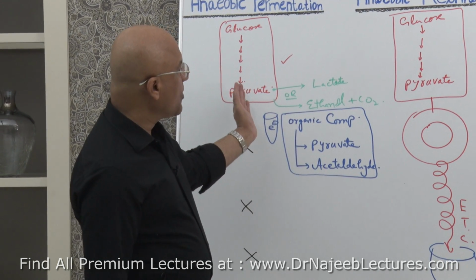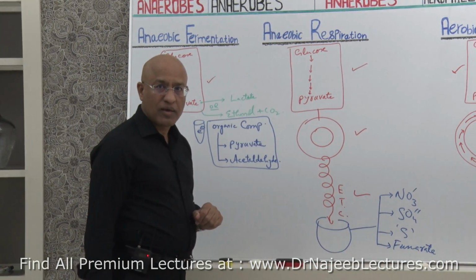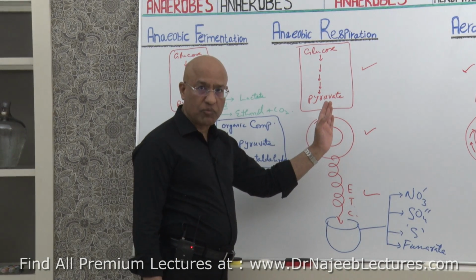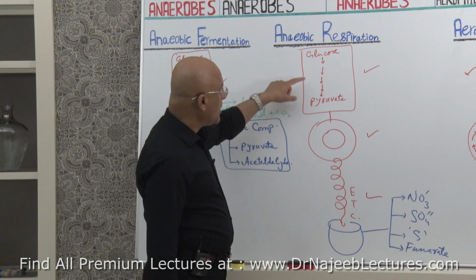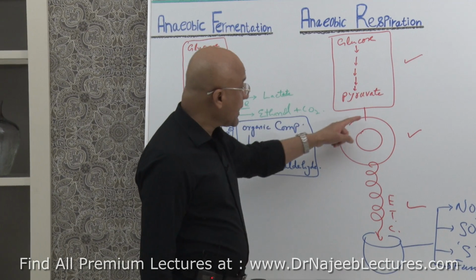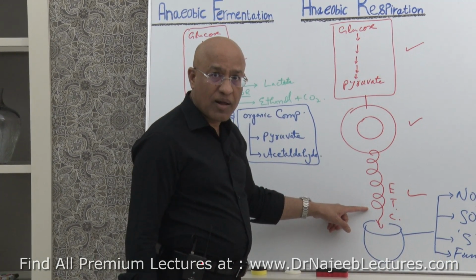Then later on, bacteria evolved more, right? A more advanced anaerobic mechanism was anaerobic respiration. Now here, the glycolysis mechanism is there, the Krebs cycle is there, the electron transport chain is there, right?